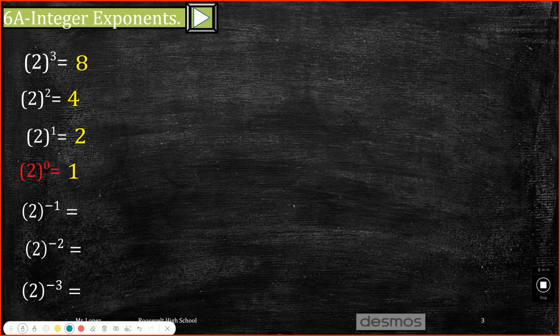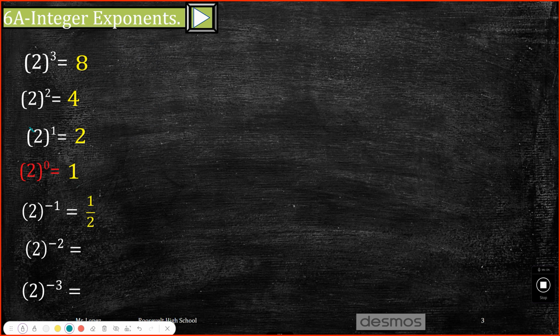Let me do it again. 8 divided by the base, 2, is 4. 4 divided by 2 is 2. 2 divided by 2 is 1. So what's 1 divided by 2? 1/2. 0.5. But it's 1/2.